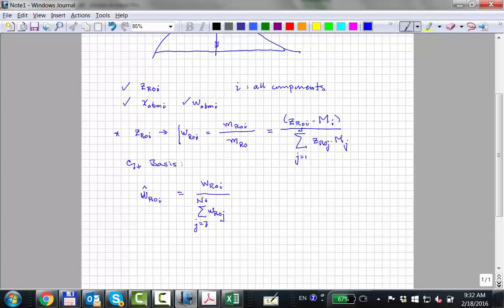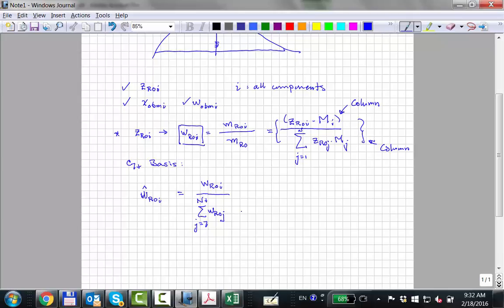So we calculate this by computing 2 columns. That's 1 column. And then the whole thing is another column. Then we get these weight fractions on a C7 plus basis.